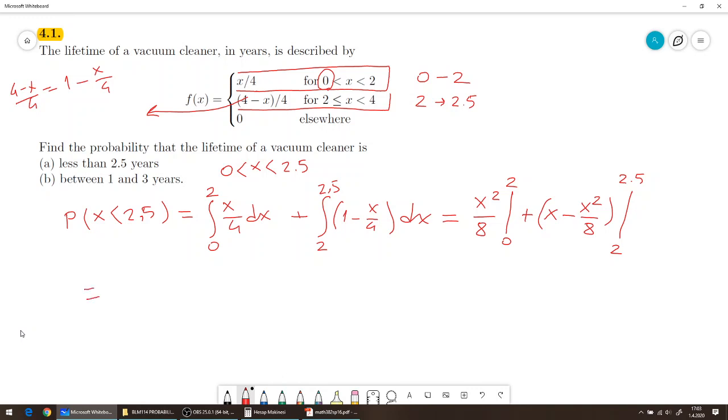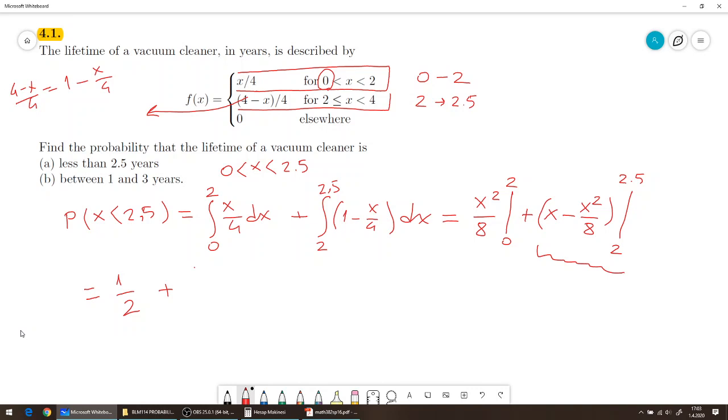Put 2, 2 squared is 4. The first one gives us 1 over 2, simply. This is the result from the first one. Plus, then we will solve this one.